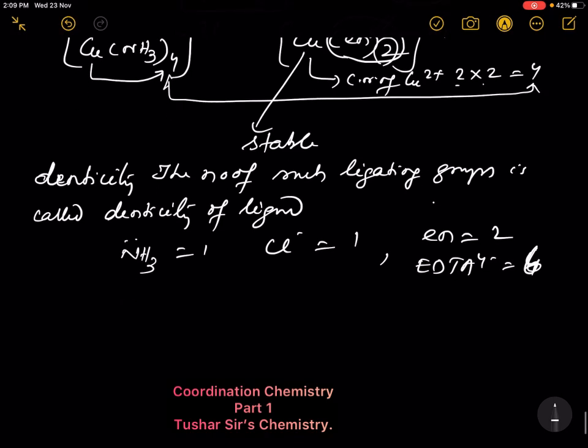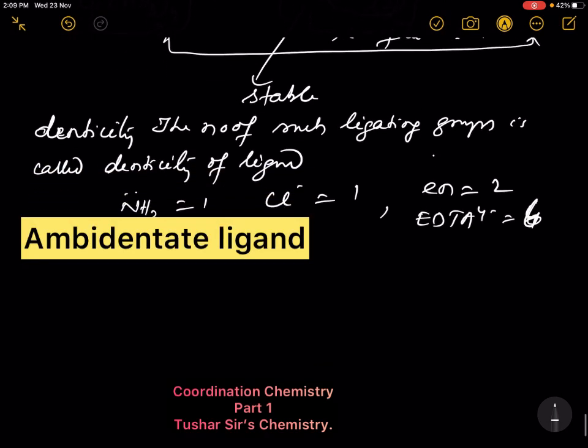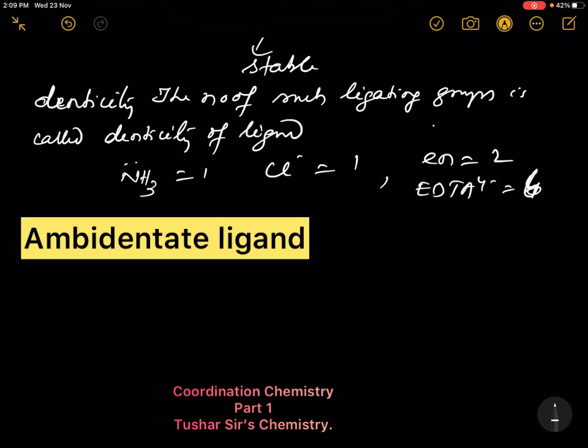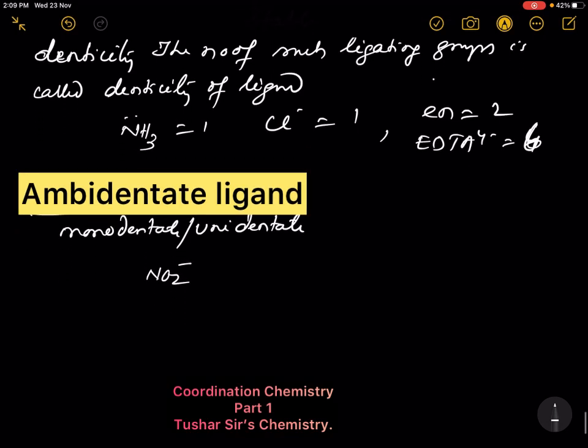Then ambident ligand. It is a monodentate or unidentate ligand having two donor atoms. You see, example, NO2 minus has two donor sites, either through oxygen or through nitrogen.